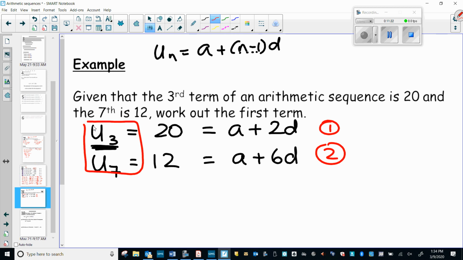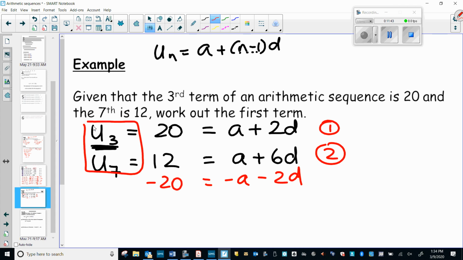If you recall, we need to have them the same value but opposite signs. Here I can see both of them are positive a's, so I need to change one of them to be negative. I'm going to change the top one to be negative 20 is equal to negative a minus 2d. You could do the other one if you wish.